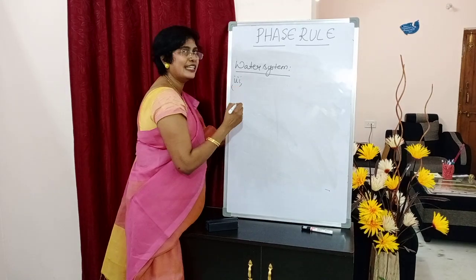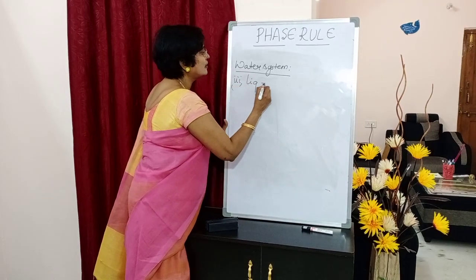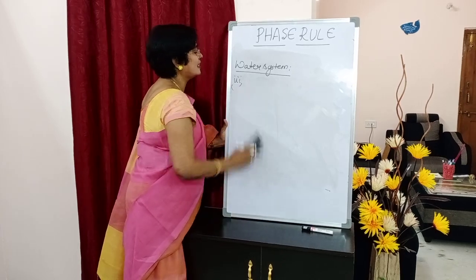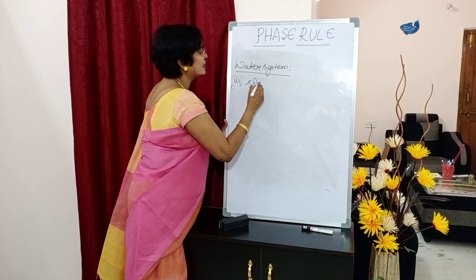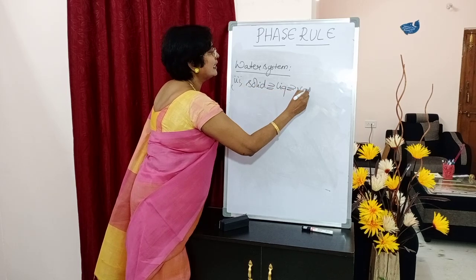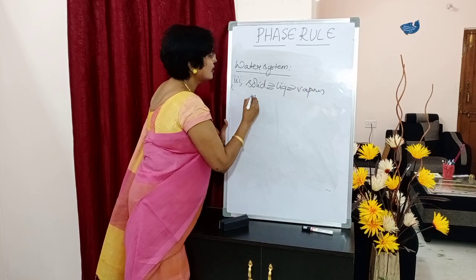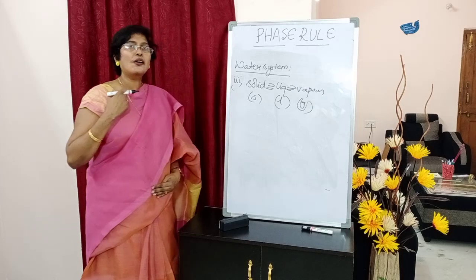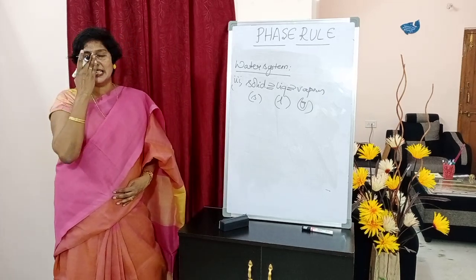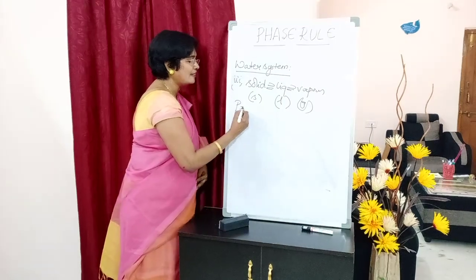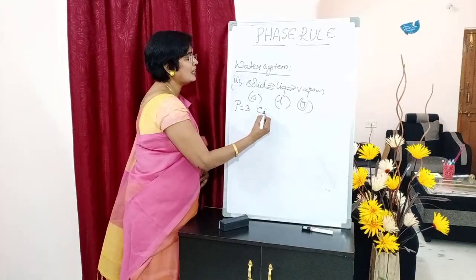Next, third phase is, let us assume that water system exists in all the 3 phases. That is solid, liquid and gaseous phases. Now all the 3 phases are at the equilibrium, students. So phases how many? 3. Components how many? 1.